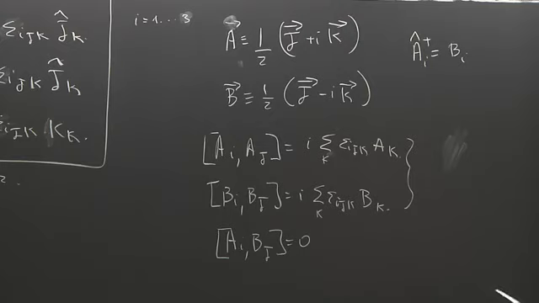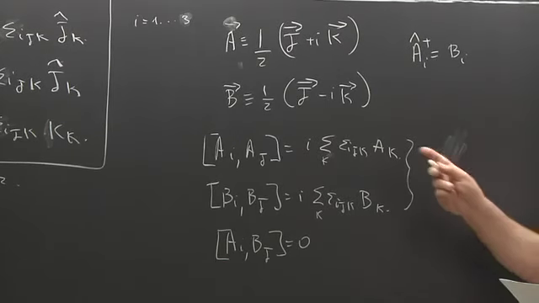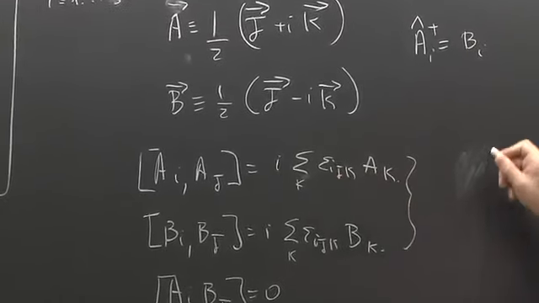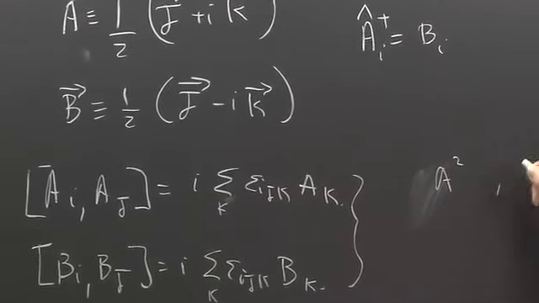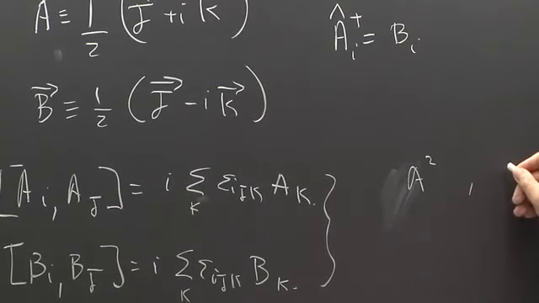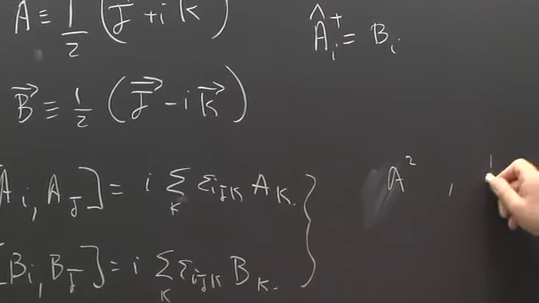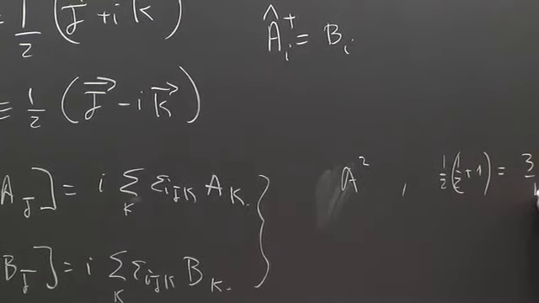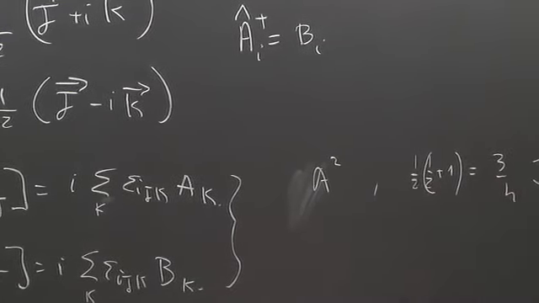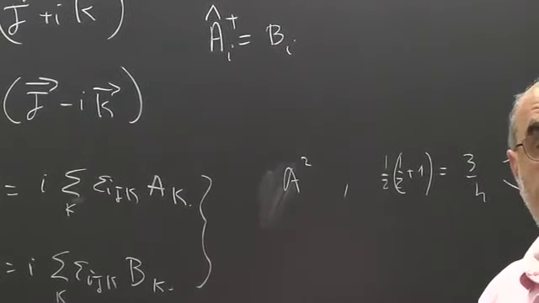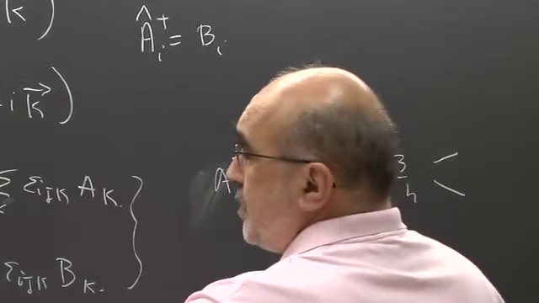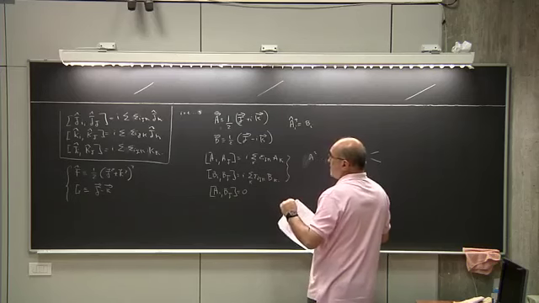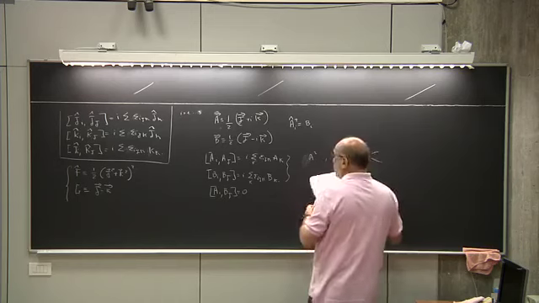And in fact, what is possible to prove is that when you diagonalize A square, for example, you get a number like, remember, 1/2 times (1/2 plus 1), and this is 3/4, and there are 2 states associated to that. Well, that is not the case anymore. What happens is that if you insist on having unitary representations, they are not finite anymore.